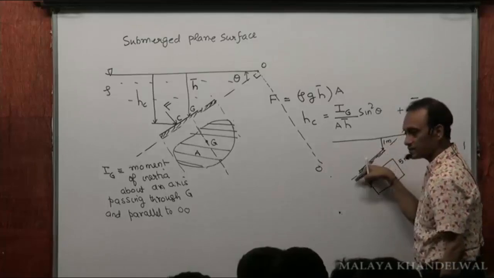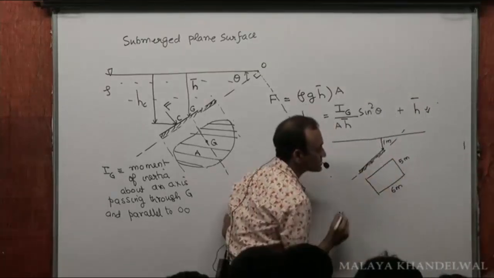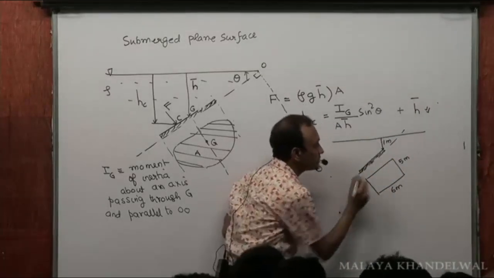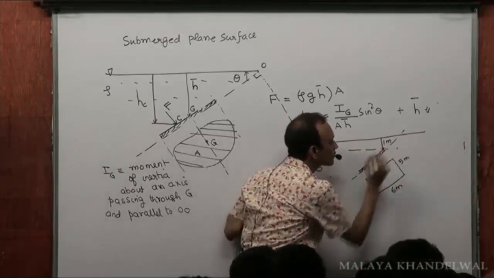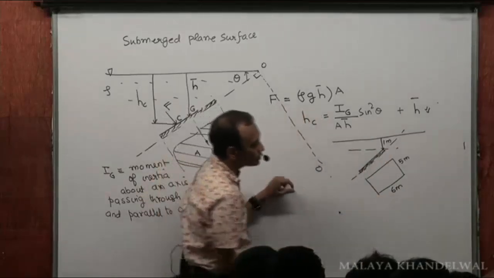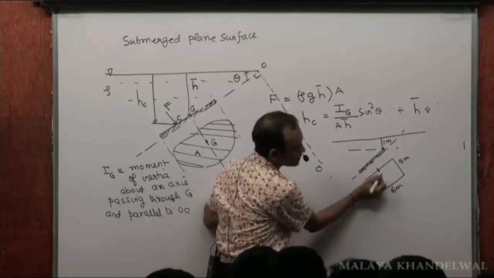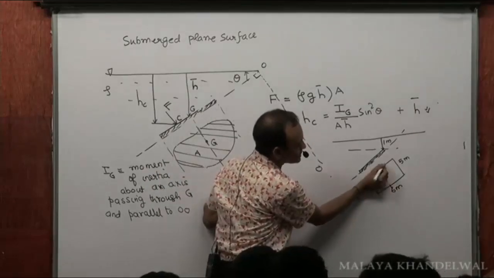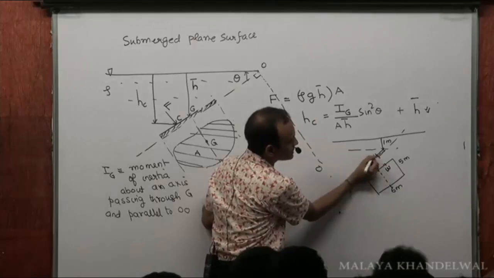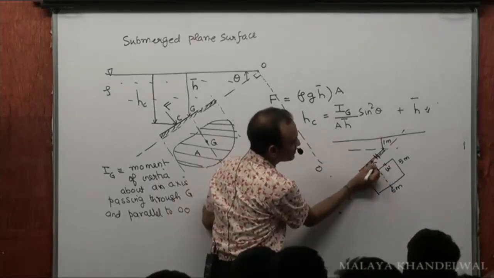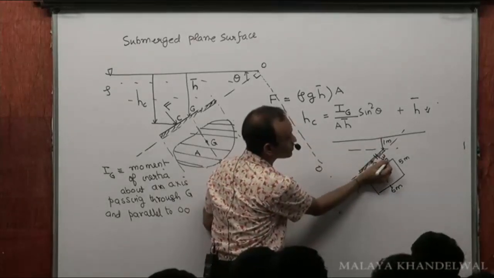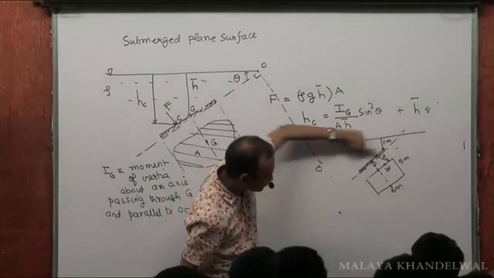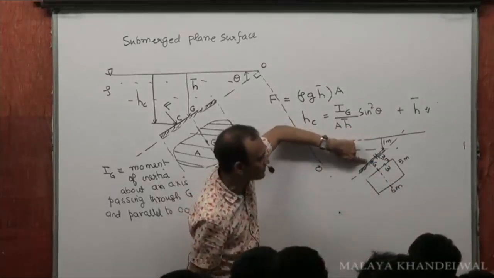So 6 meters like this means you will have to go 3 meters from here to locate the center of gravity.